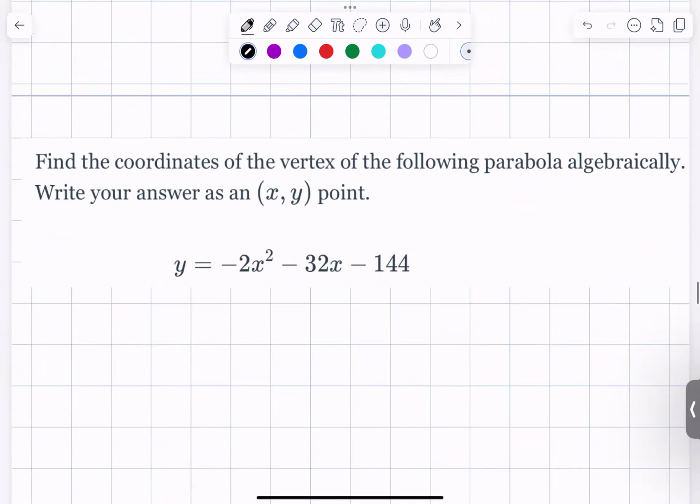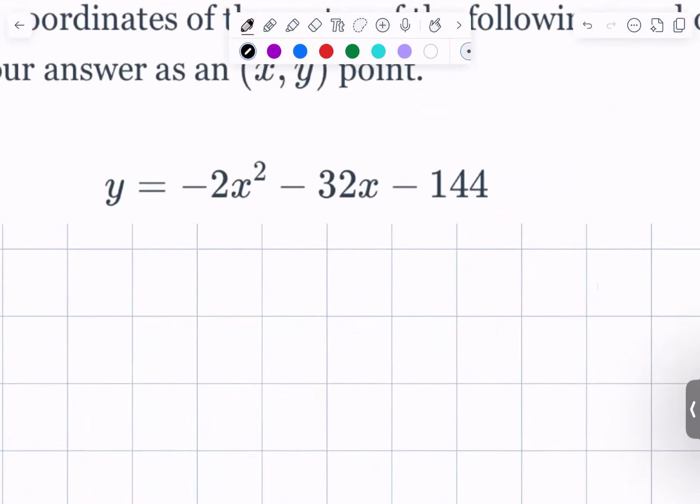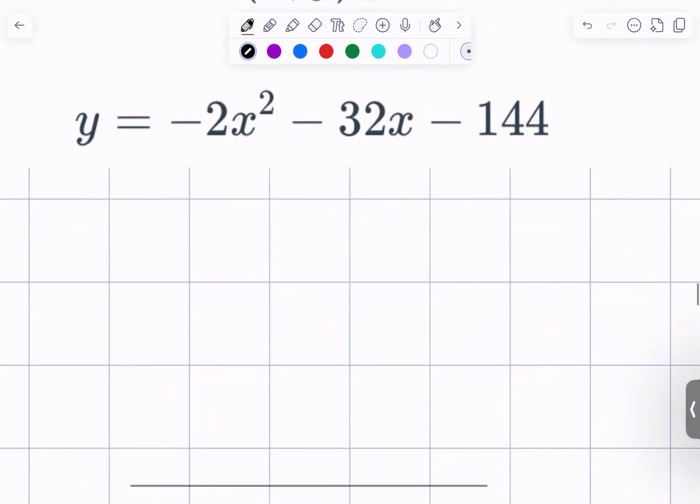It says to find the coordinates of the vertex of the following parabola algebraically, write your answer as a coordinate. Remember, when we're trying to find the vertex, we have to first find our axis of symmetry, and our axis of symmetry formula is negative b over 2a.